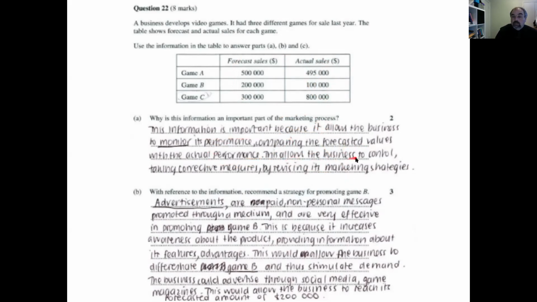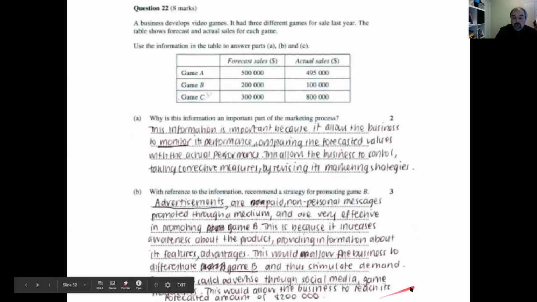And the why is it allows us to take corrective action and revise the marketing strategy. Let's look at the second part of the question. With reference to the information, recommend a strategy for promoting Game B. So our verb here is recommend. So again, why recommend? Pretty similar. Give reasons for using this particular strategy.